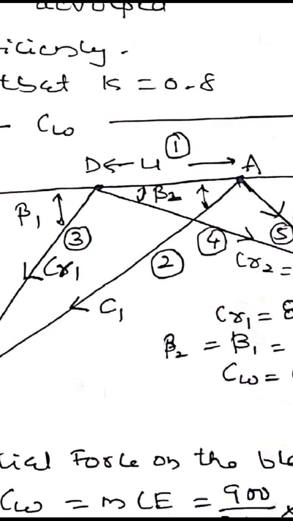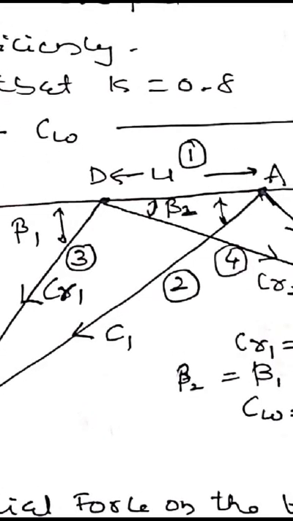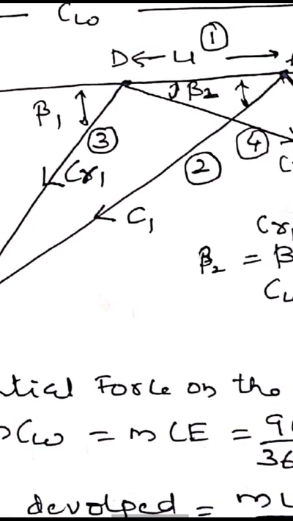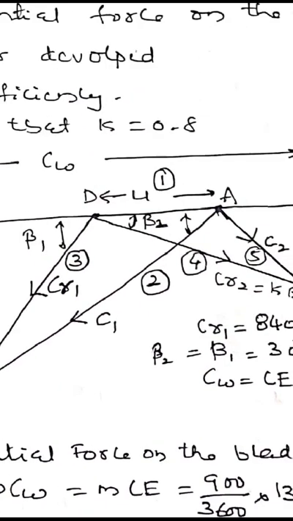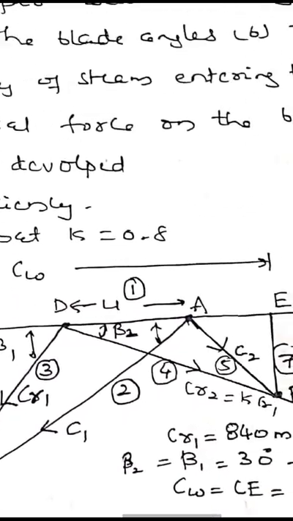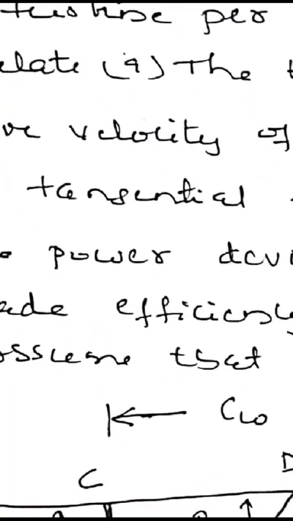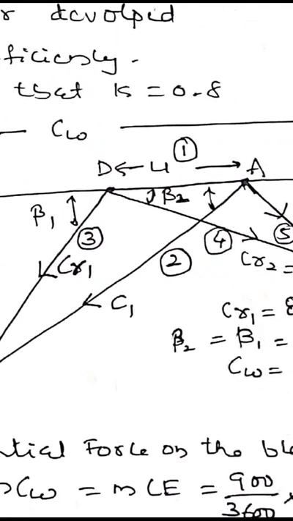The nozzle angle is given as 20 degrees. So draw a line AB at an angle alpha 1 equal to 20 degrees, and mark AB equal to the steam velocity, 1200 meters per second, which will be 12 centimeters.